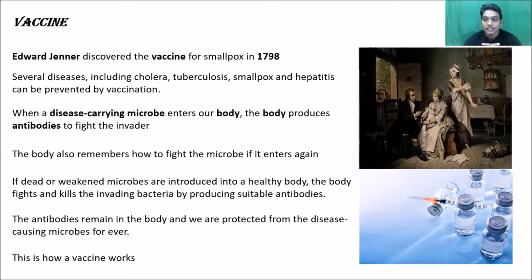The white blood cells act as the policemen of the body, and they control the entry of these microorganisms which cause harm to our body. And therefore the body prepares antibodies, and our body remembers how to fight the microbes if they enter again.